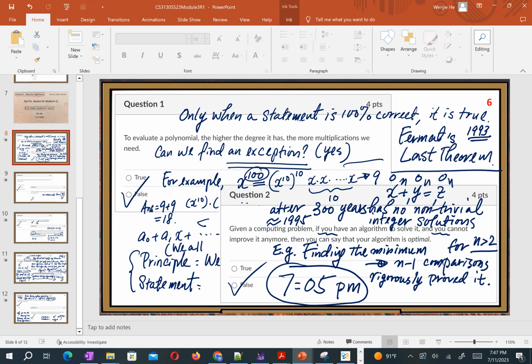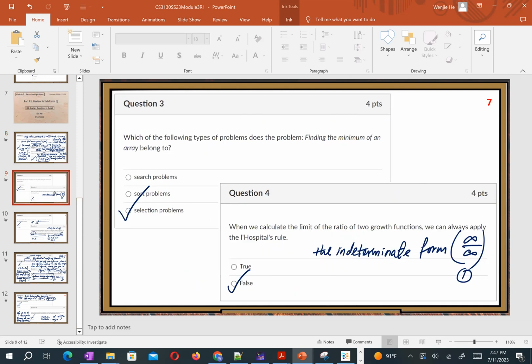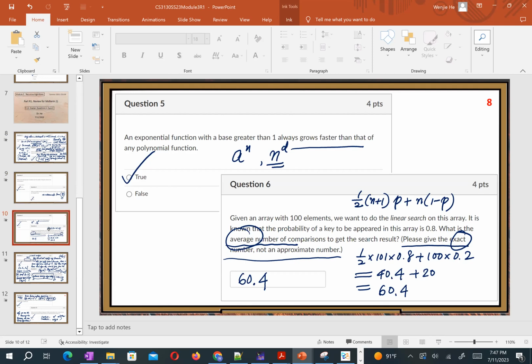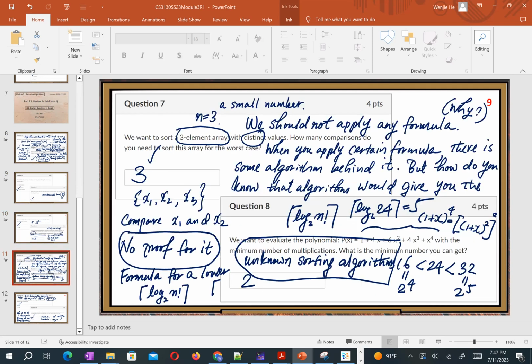Number 1 and number 2 may be a little confusing for you, and the two other questions you'll probably feel are harder. Let me see. Number 8, yeah, number 8.